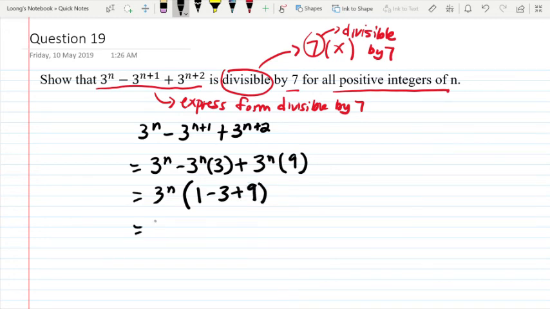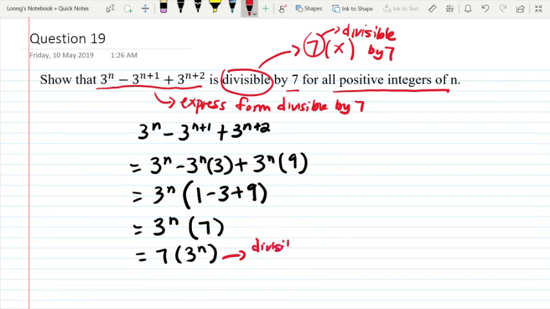And so after that, the answer that we will be getting is 7. And here we get something that is divisible by 7. So this is divisible by 7, which means that we actually managed to show it. We have already shown that it is divisible by 7.